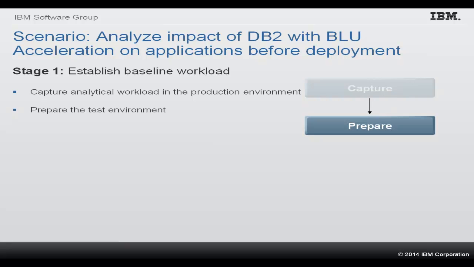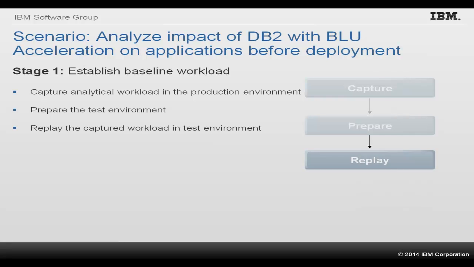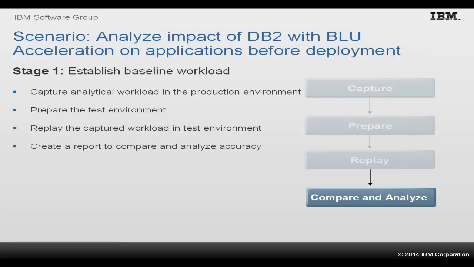Second, she transforms the raw captured workload to a replayable format and prepares the test environment by cloning the production database to a test database with DB2 version 10.5. Third, she replays the captured workload in the test environment. And last, after the workload replay completes, she creates a report to compare and analyze the accuracy of the replayed workload.